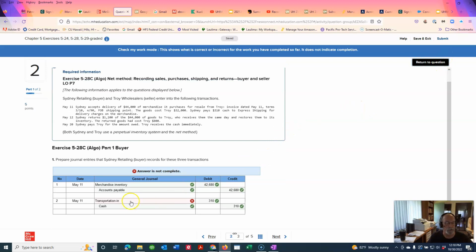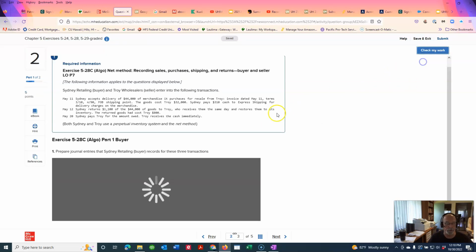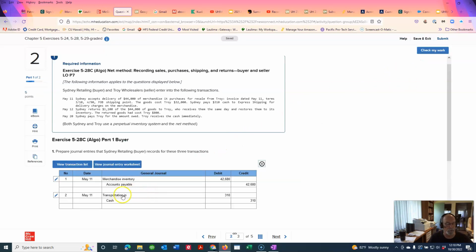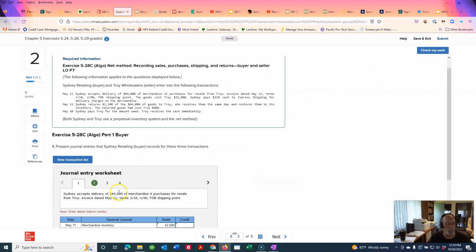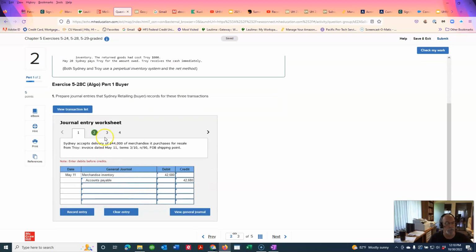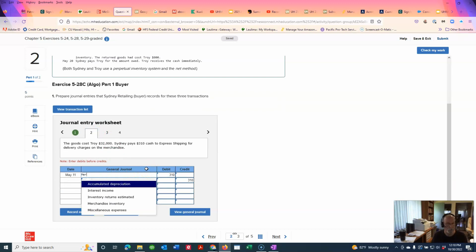And no, it's not accepting transportation in, so it is on the strict perpetual method, which means we debit that entry directly to merchandise inventory.